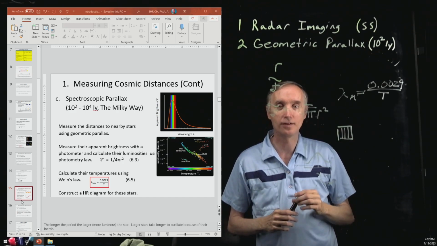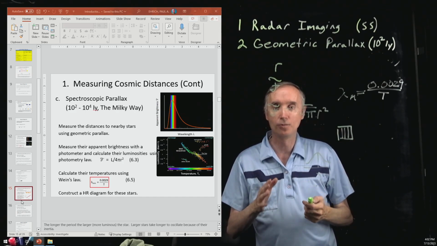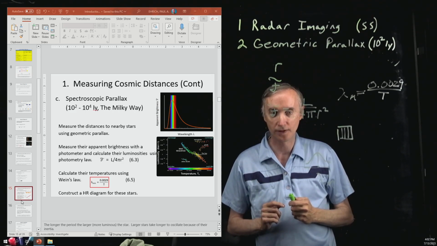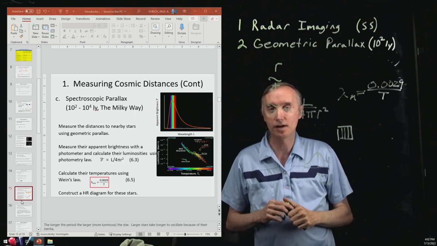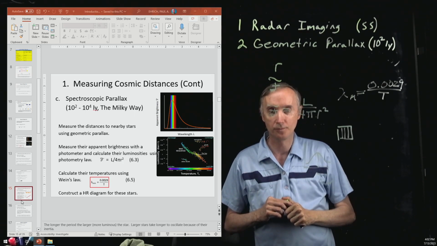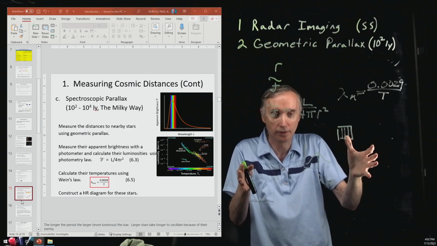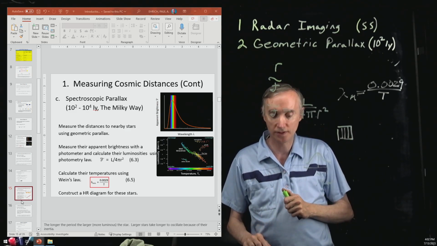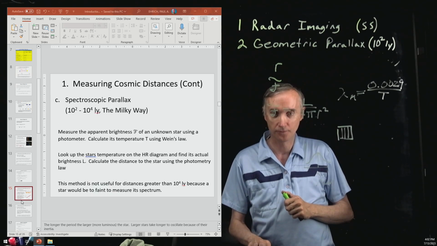And now we can figure out the distance all the way out to 10,000 light years. Now this would still be inside the Milky Way galaxy, but now we've just extended our ability to measure distances all the way out to 10,000 light years.